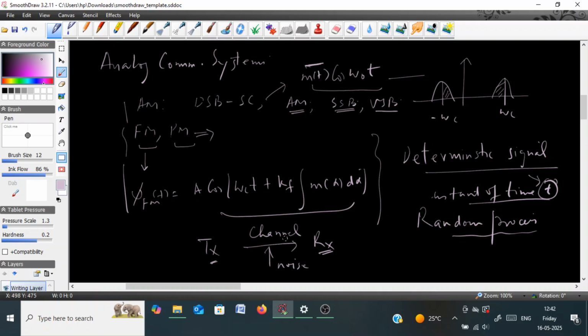And the noise that generally corrupts the information bearing signal which you are transmitting through the channel is of random nature.